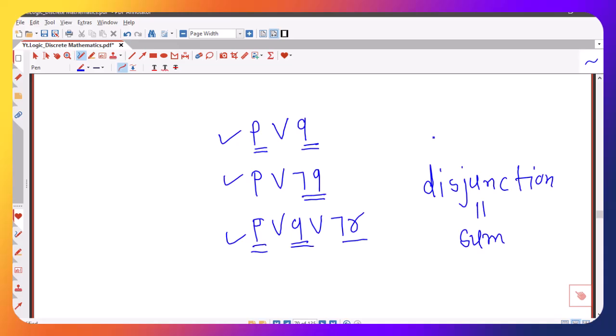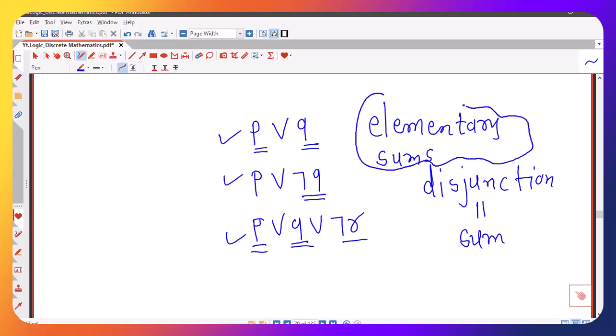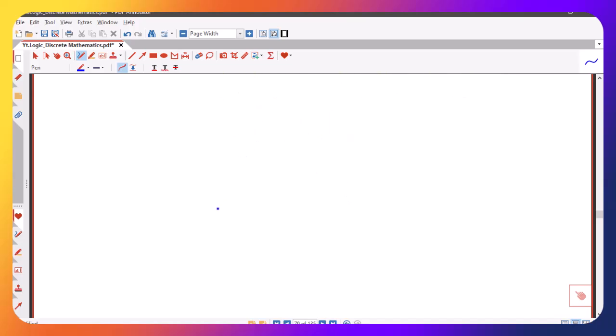This type of sum or disjunction is called an elementary disjunction or elementary sum. So elementary sums means sum of variables and their negations, and elementary products means product of variables and their negations.